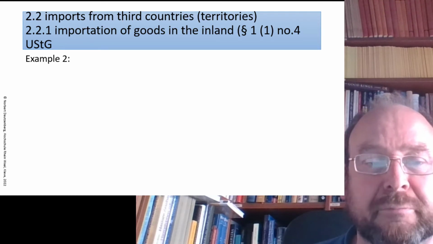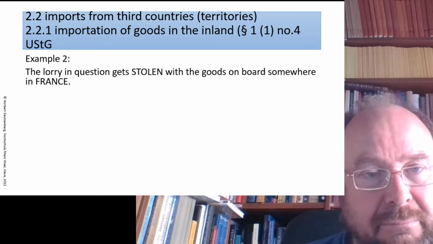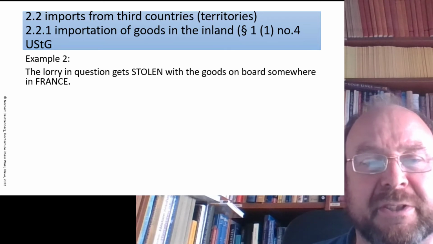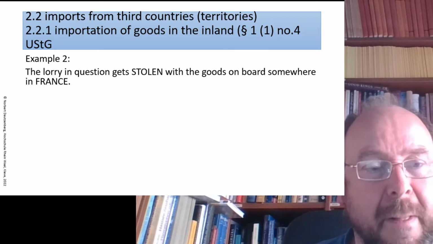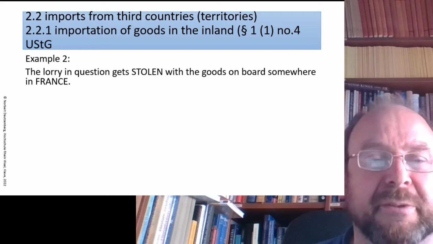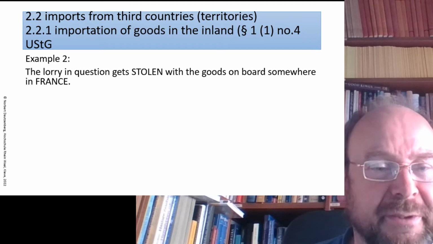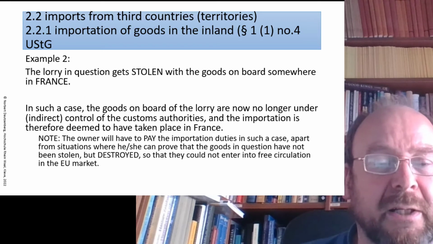Well, that's rather strict, by the way. For example, if the lorry in question gets stolen with all the goods on board somewhere in France, that would be nice, because when they are stolen, the goods are no longer covered by supervision of the customs authorities. Nobody knows now who has possession of these goods.